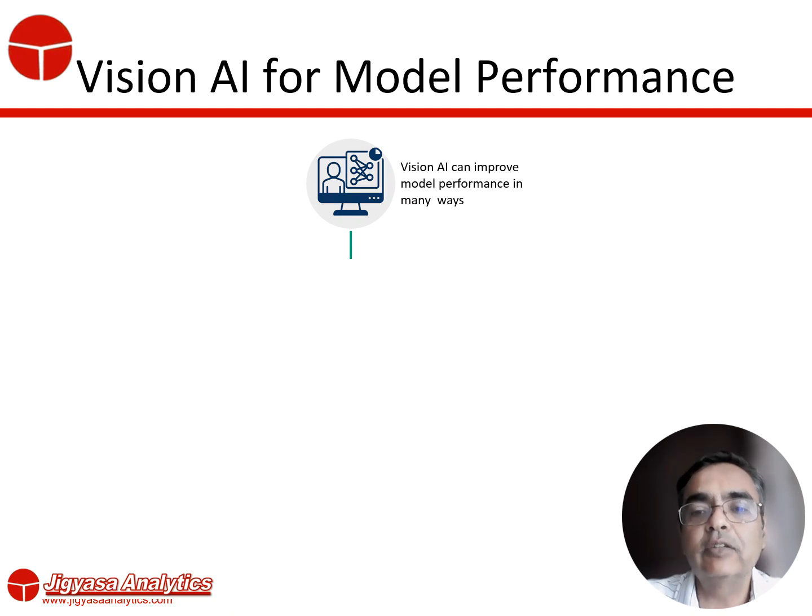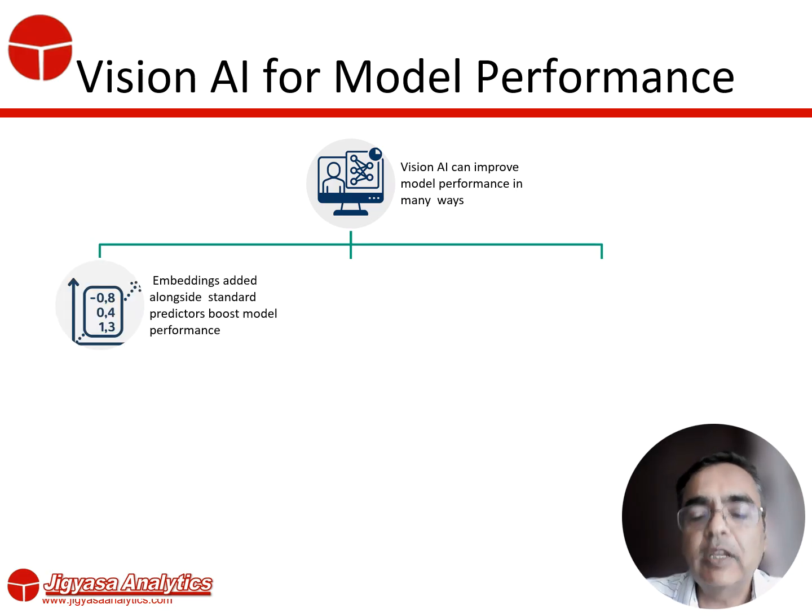They have very interesting applications. The first way is you take the picture of your data and feed it to a vision AI model and generate embeddings. These embeddings are then added alongside your traditional predictors, just like in the large language model example we talked about earlier.